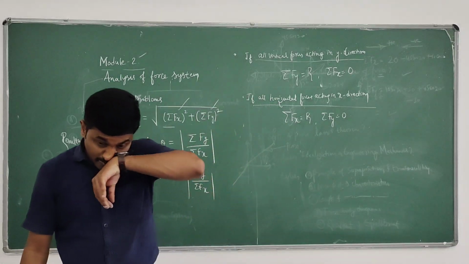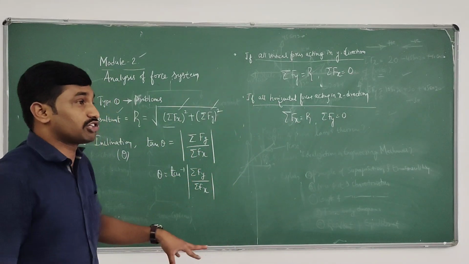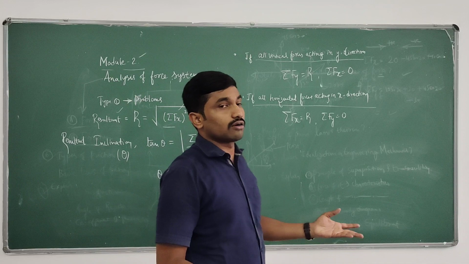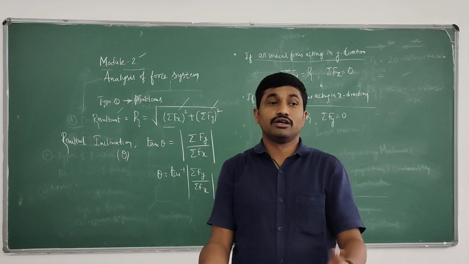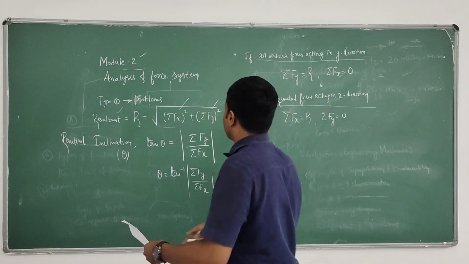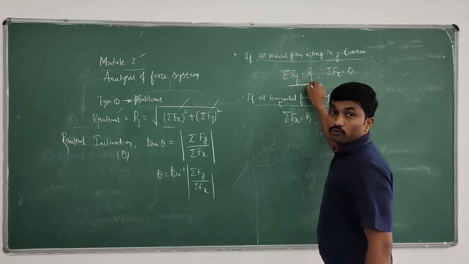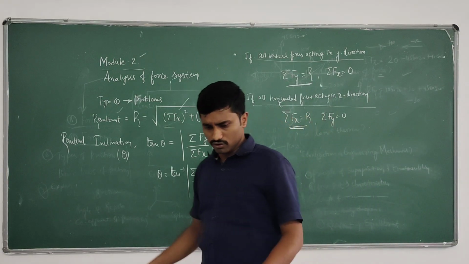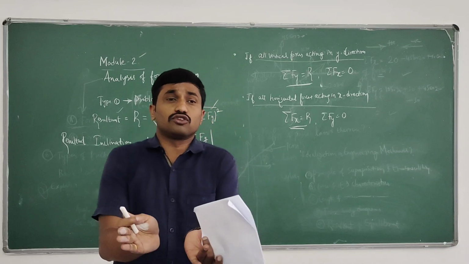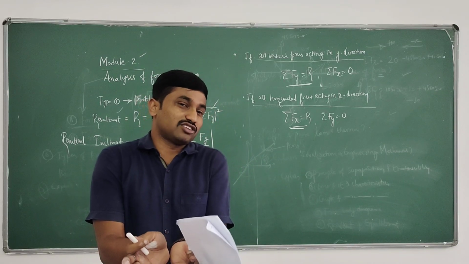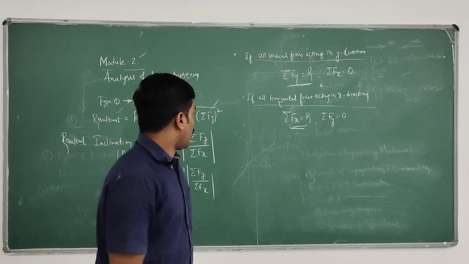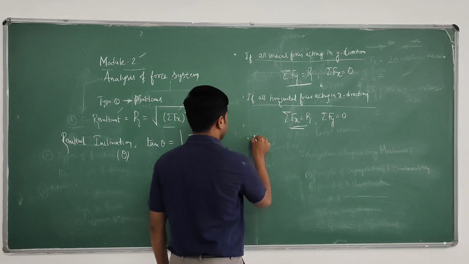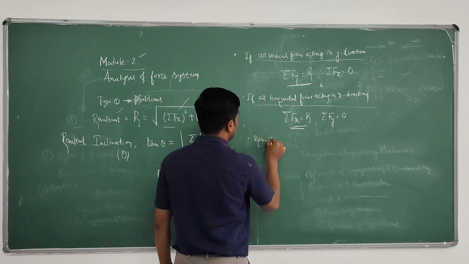Sometimes the condition they may give is that the resultant is in pure x direction, or the resultant is in pure y direction. Here the resultant is in pure x direction. So you have to carefully observe the problem. Statements are very important.